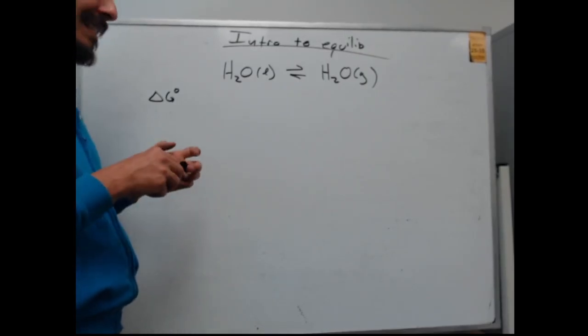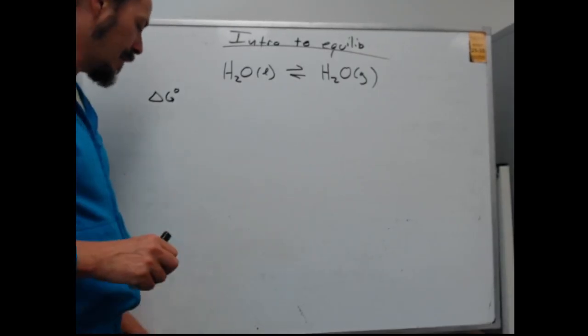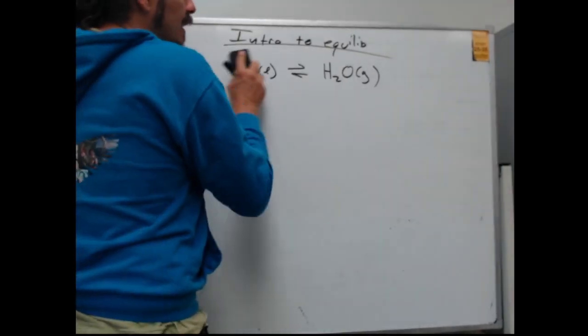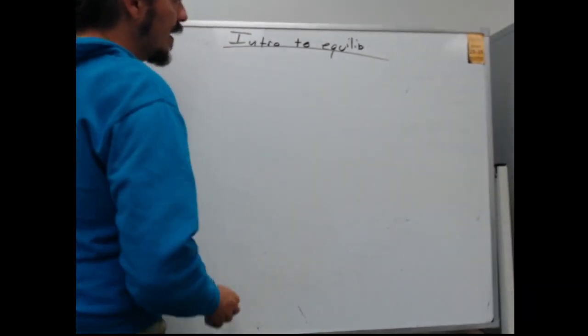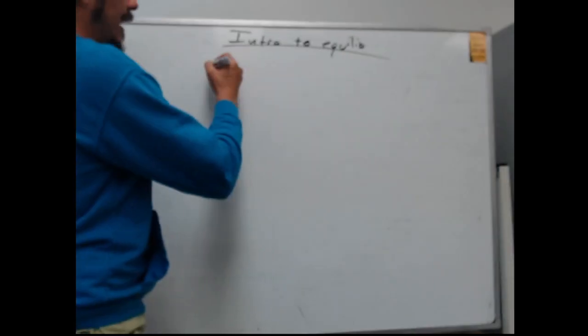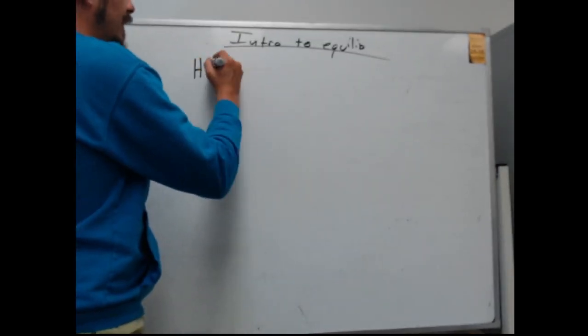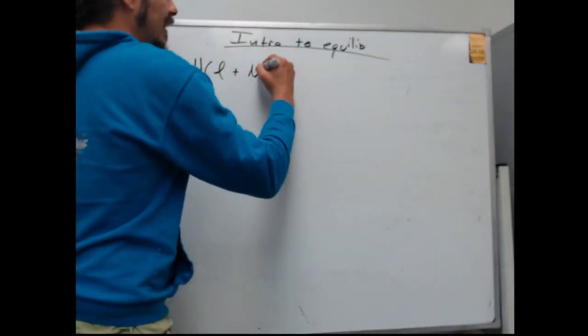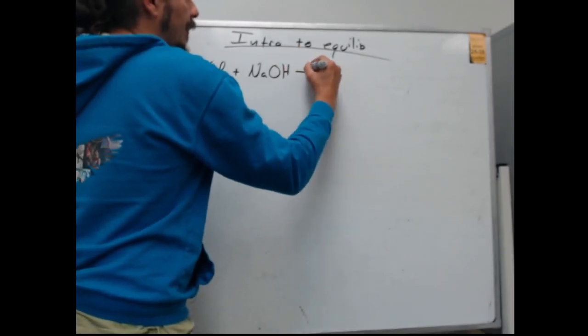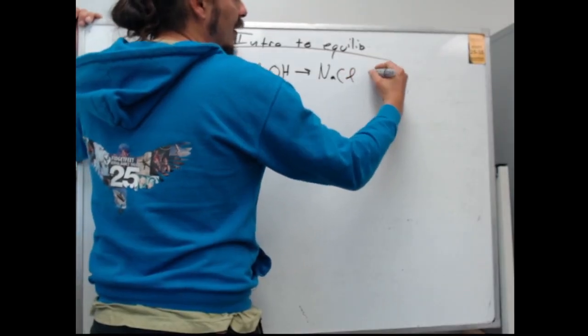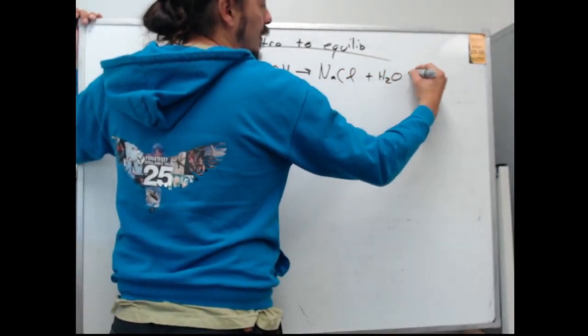Now, up until now, most of the chemical reactions that we have looked at, I'll write a different example, most of the chemical equations we've looked at have been all the way towards products. So if we looked at something like HCl plus NaOH goes to NaCl plus H2O.